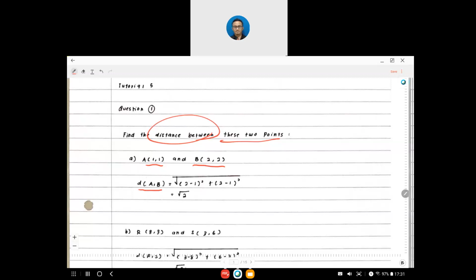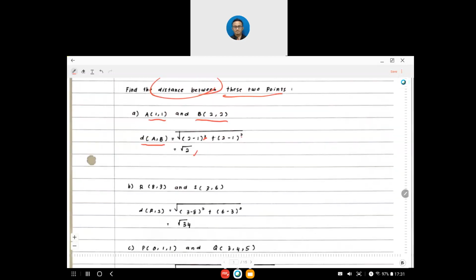You can choose either one because you have the power of 2, so it doesn't matter. 2 minus 1 squared plus 2 minus 1 squared, and then you get square root 2.